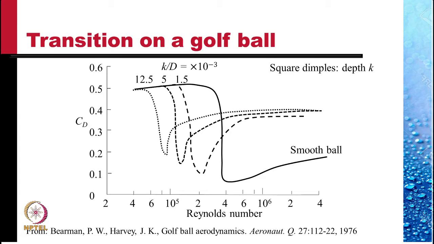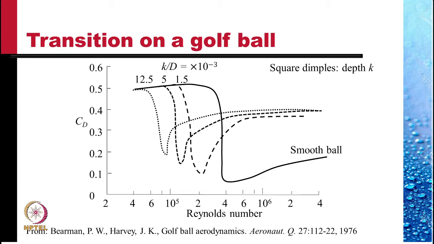As you increase the depth of dimples, and these experiments were done with square dimples, the depth measured by K, so K by D in 10 to the minus 3. If the dimple was shallow, the transition shifted to something like 2 or a little less than 2 into 10 to the power 5.